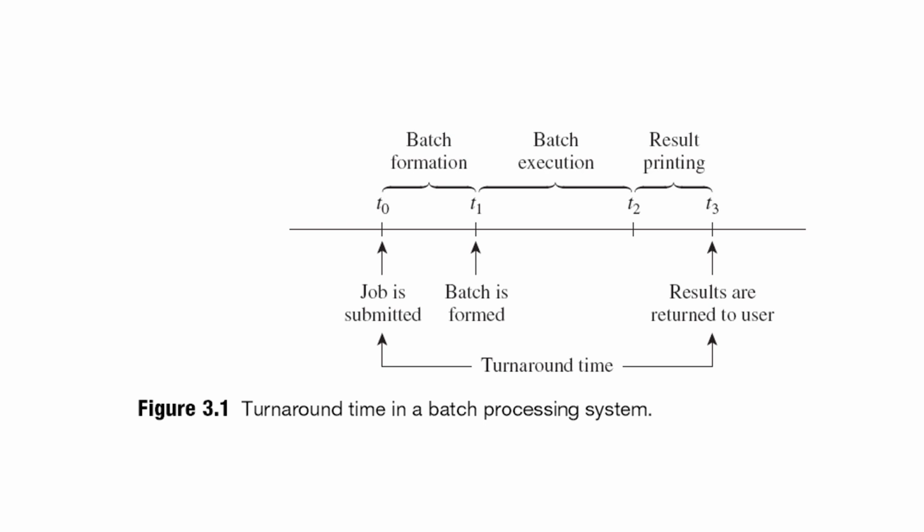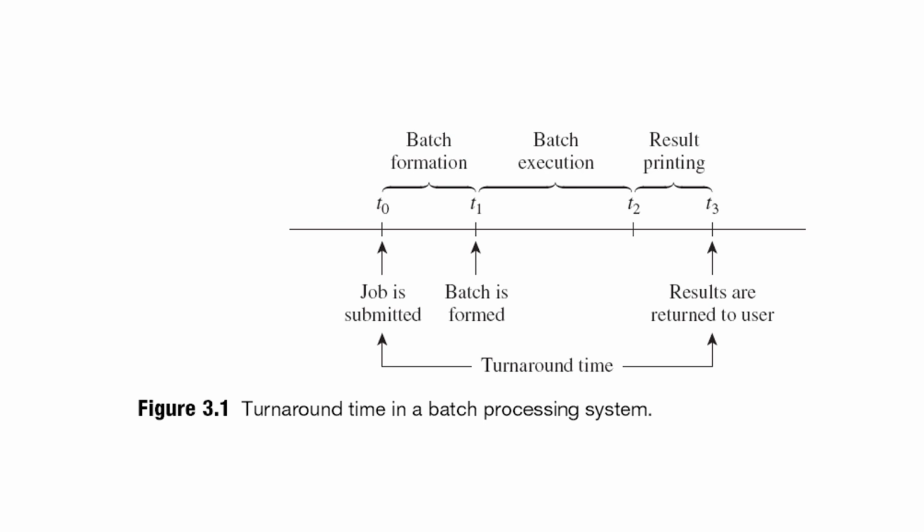At time t3 the results are returned to the user, once the results are printed. So the turnaround time is the time taken between t0 and t3. That means the time between the job being submitted and the results being available to the user. That is called turnaround time.